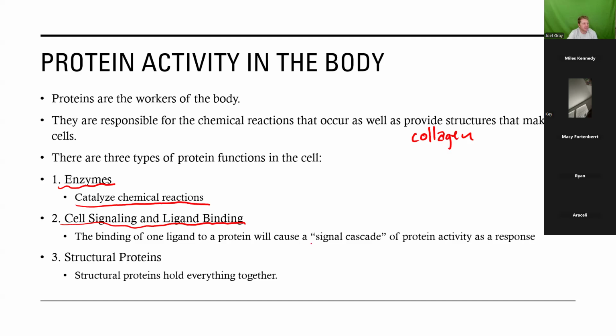Now, this phrase signal cascade, think about that as like signal amplification. Whenever I think of signaling cascade or signal amplification, it's almost like how a rumor or a secret works.